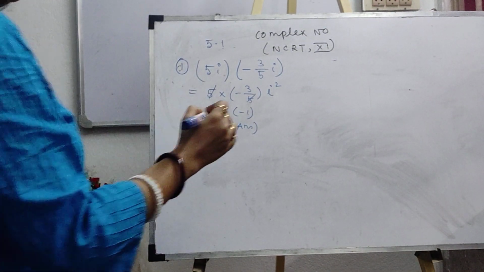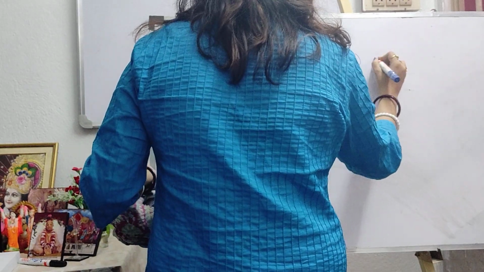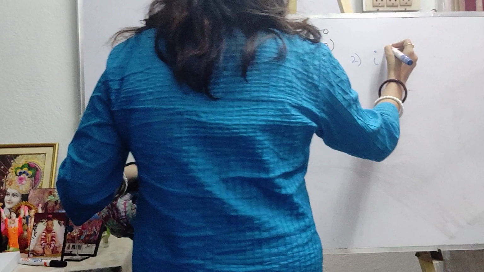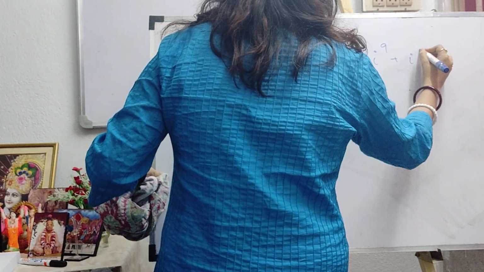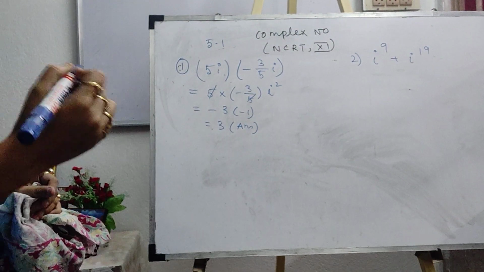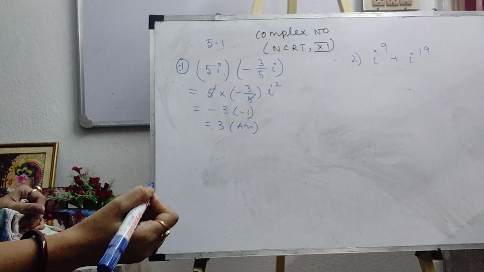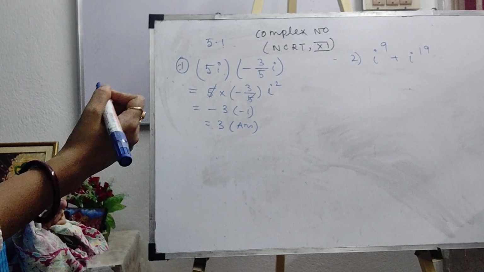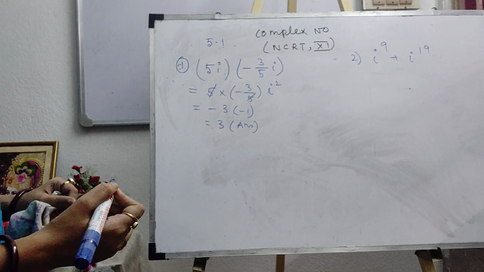Next one, i to the power 9 plus i to the power 19. First, I'll try to make the power in the form of a multiple of 4.